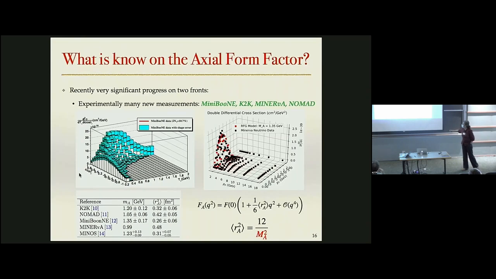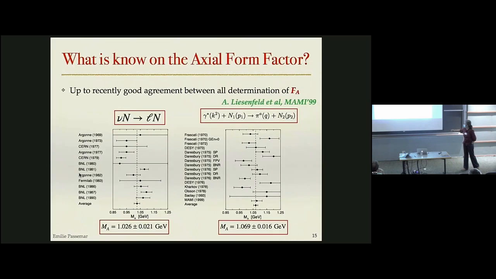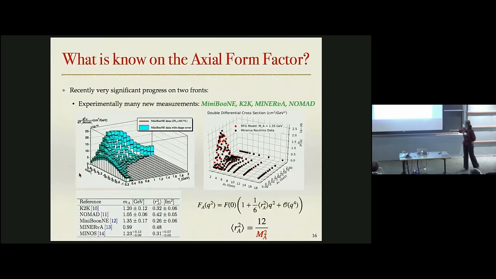When they leave the axial mass free, you see that the result is around 1.2, 1.3, except for NOMAD, which is in agreement with the older determination. But the others really have an enhanced axial mass.